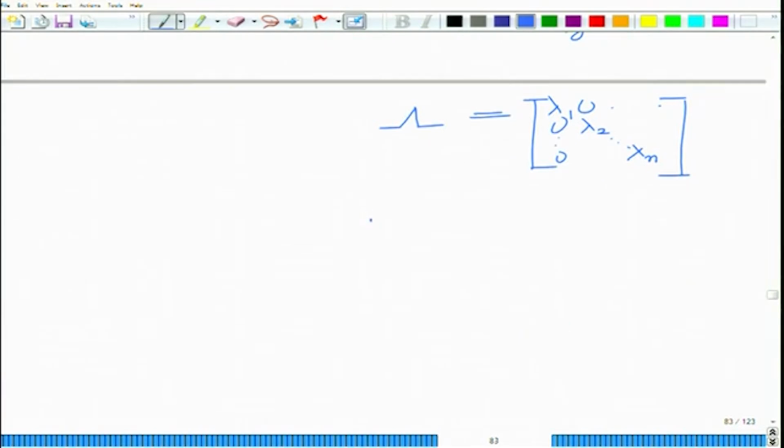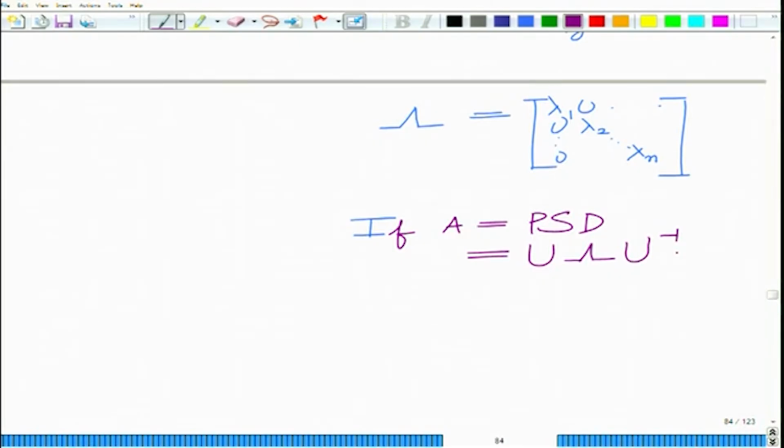U lambda U Hermitian. If A is a PSD matrix, while the above is valid for any general matrix A, this becomes U lambda U Hermitian.